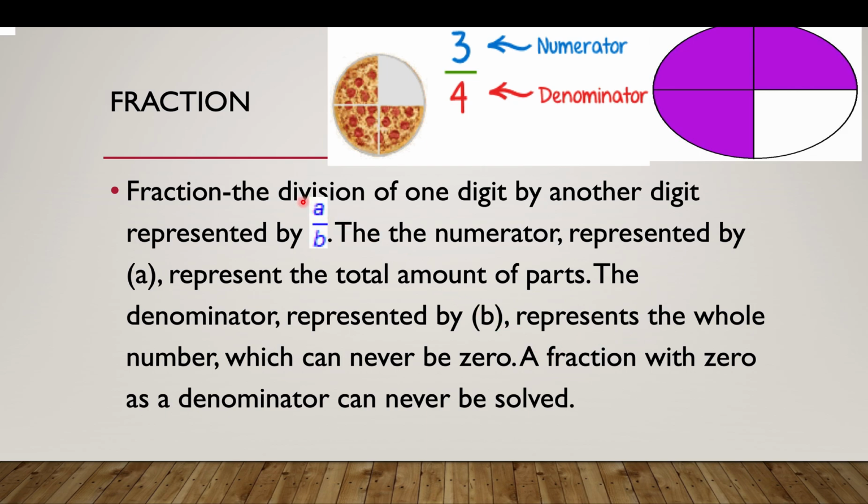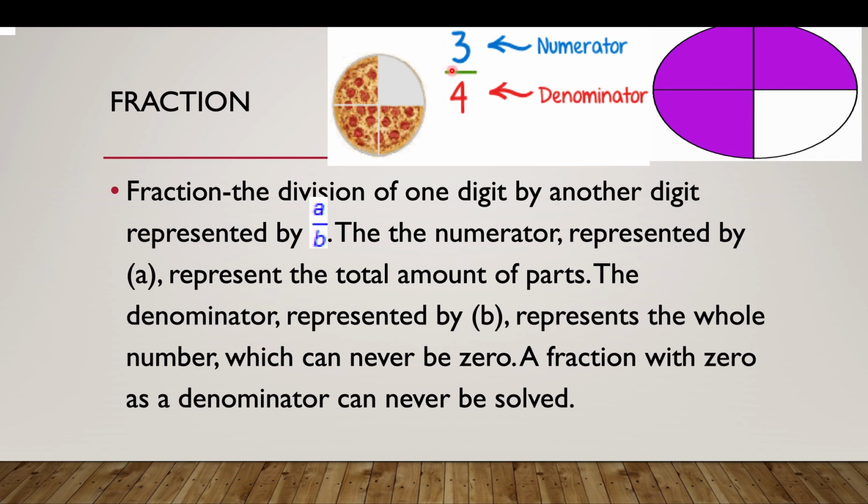The numerator represents how many parts you have. If you look at this pizza, it tells you how many pieces you have, and the denominator represents how many pieces total there should be in a whole.